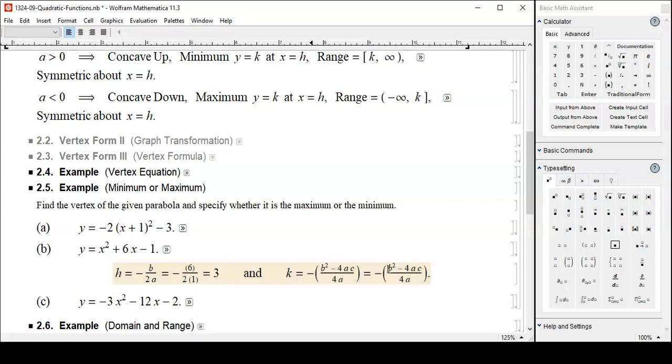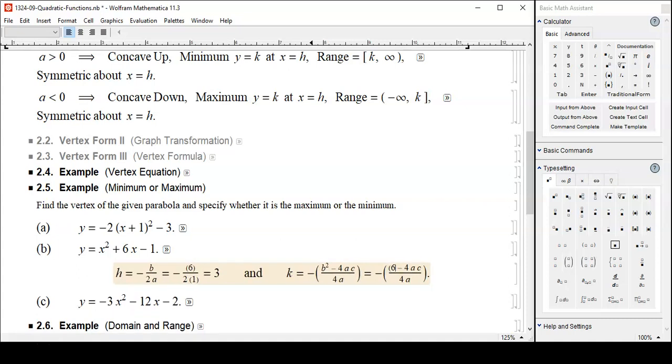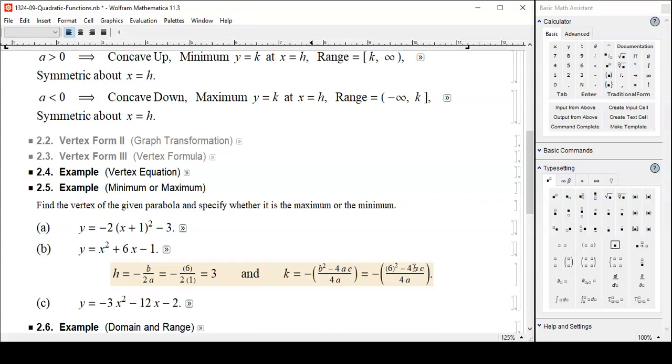And b squared, that's 6 squared, so that's going to be 36 actually. Oh no, never mind, I just skipped too many steps. 4ac, so 1, and then c is negative 1, and then that's 1. And you can calculate this entire thing.